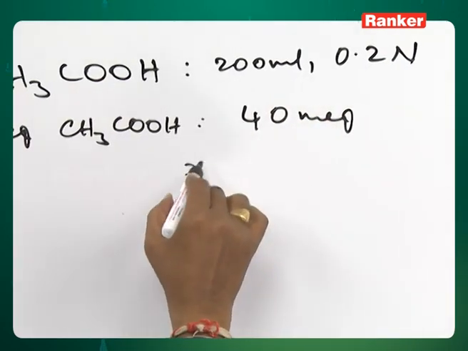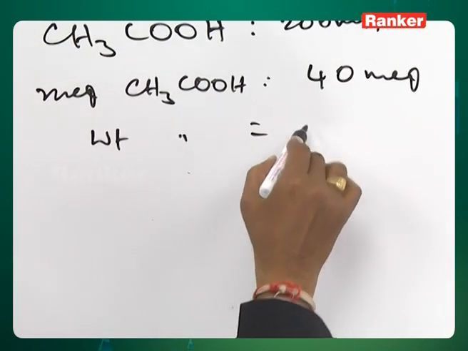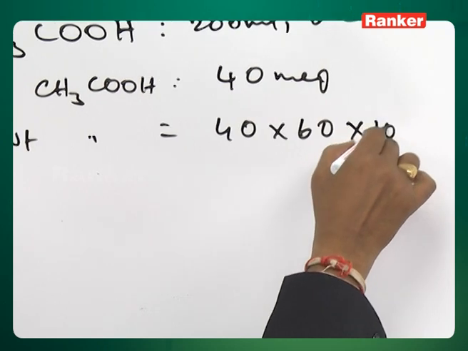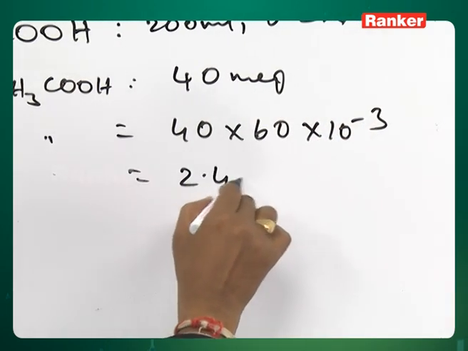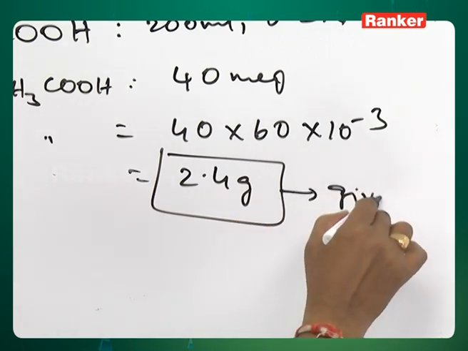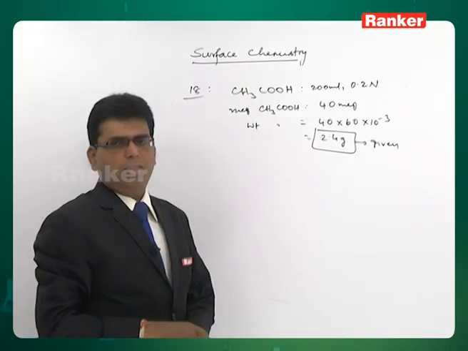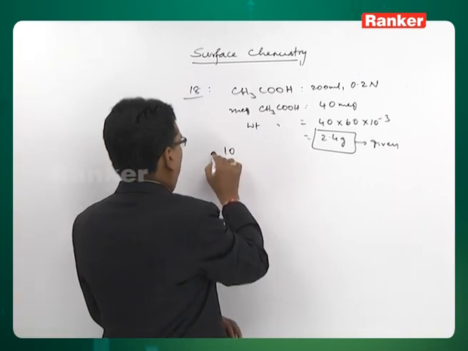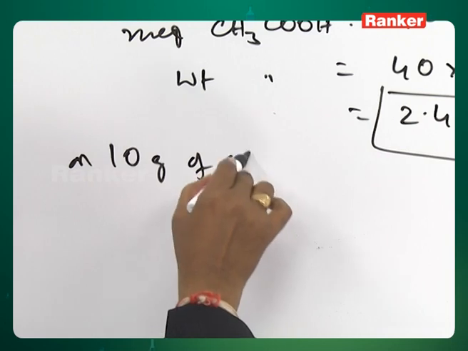Then the weight of acetic acid is 40 into 60, as the molecular weight of acetic acid is 60, which is equal to 2.4 grams. So, 2.4 grams of acetic acid is given, and it is adsorbed on 10 grams of charcoal.